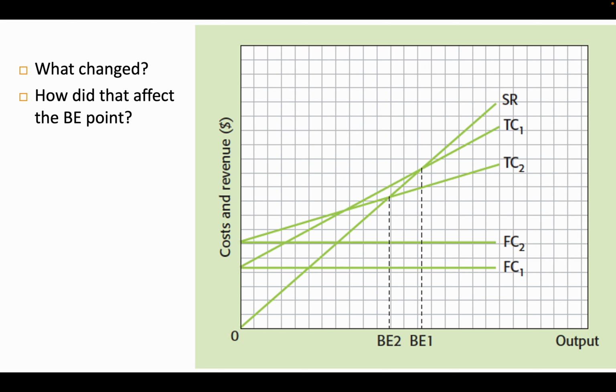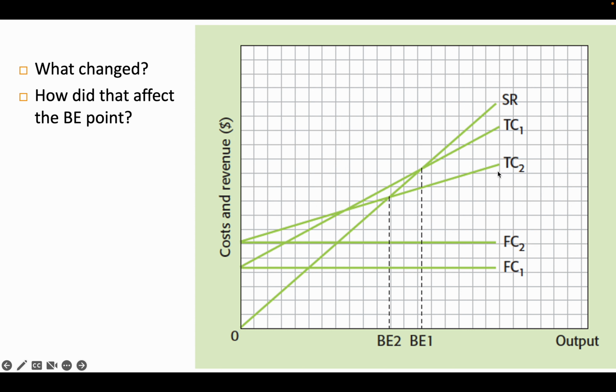The first thing that changed is you can see that the fixed cost line increased by some amount, and also, actually not therefore, but the total cost line also changed. Sorry, the total cost line was here, and suddenly it's here.